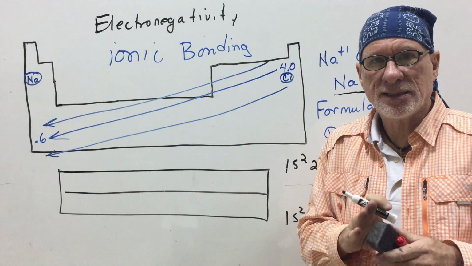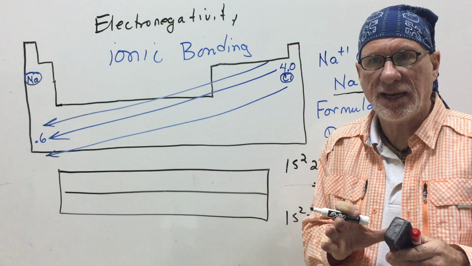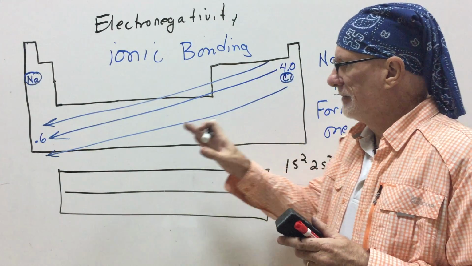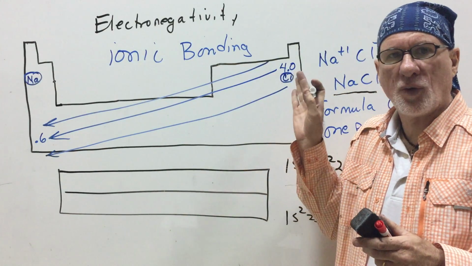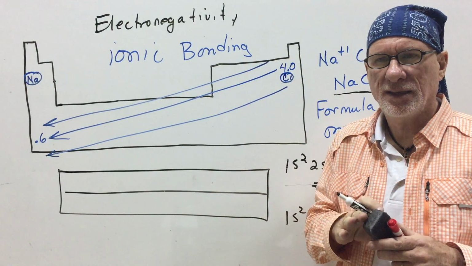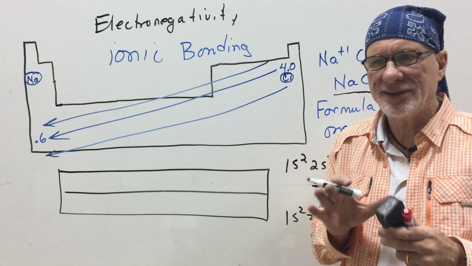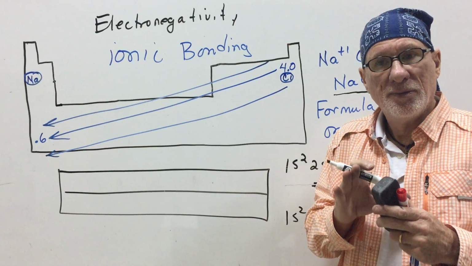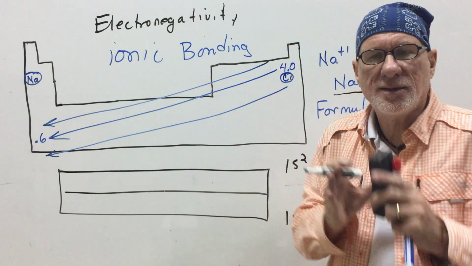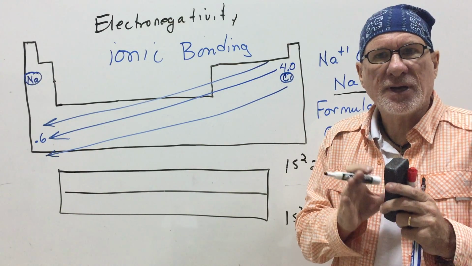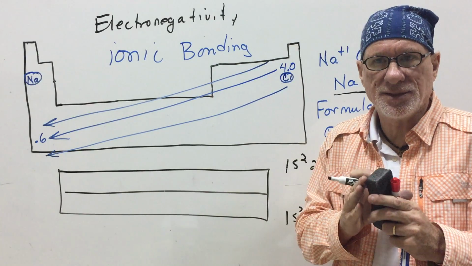Some ionic substances are very ionic. For instance, francium fluoride, very ionic. And some are not so ionic. Aluminum oxide, it's not very ionic. But we consider it ionic, depending upon the conditions under which we're using it.